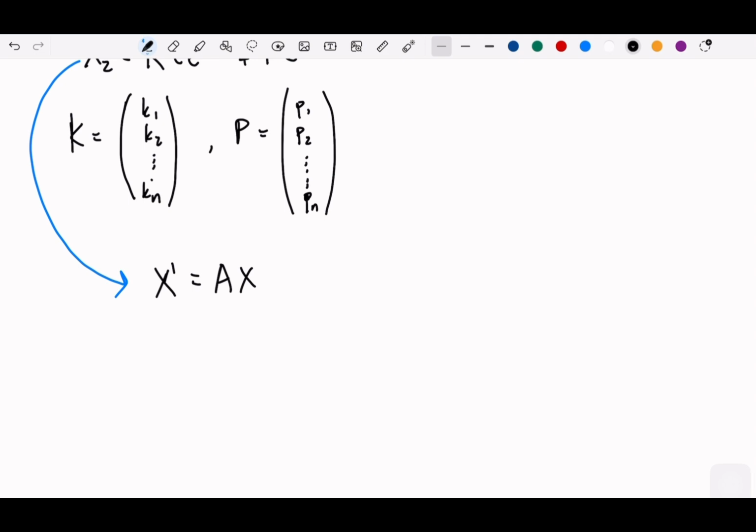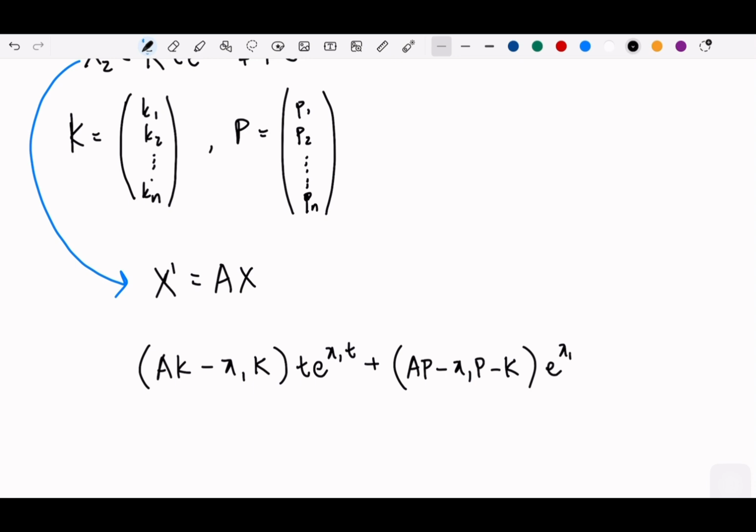So we are going to have (A K minus lambda 1 K) t e^(lambda 1 t) plus (A P minus lambda 1 P minus K) e^(lambda 1 t) equals 0.